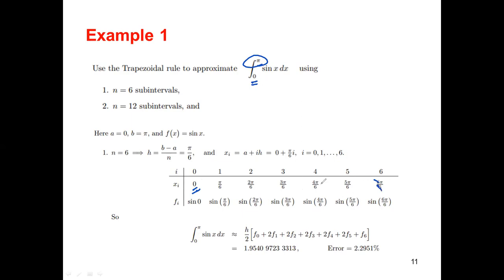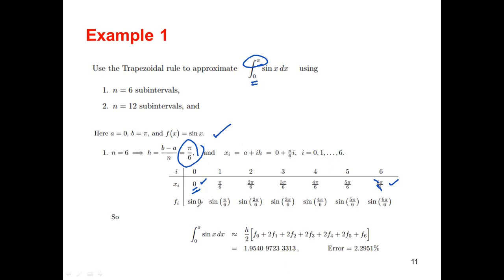Okay, you get it? You start with the lower limit, you end with the upper limit, incrementing using the h, the pi over 6. Then you already have 1, 2, 3, 4, 5, 6, 7 values of x that you will substitute to the function of x.